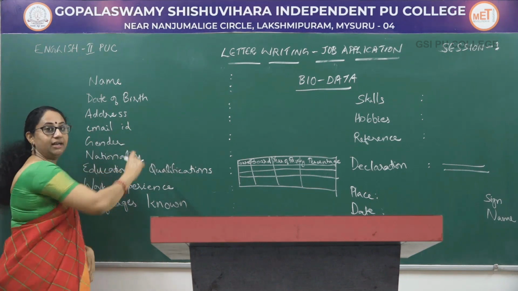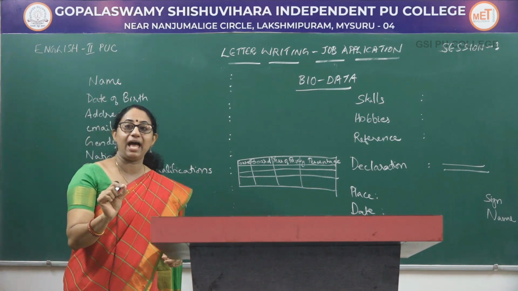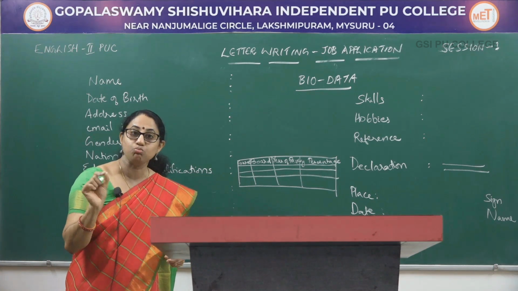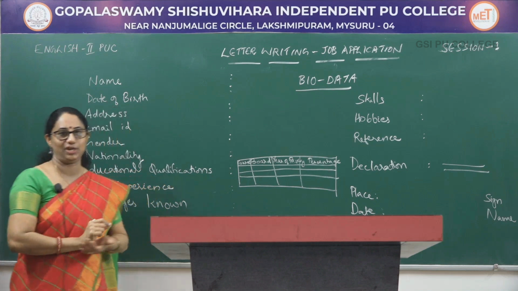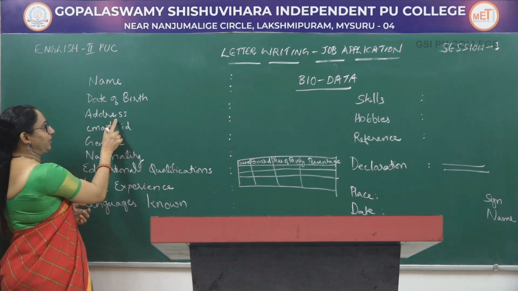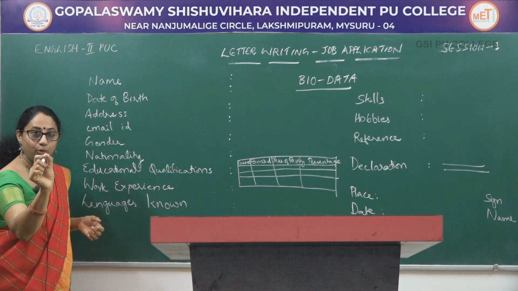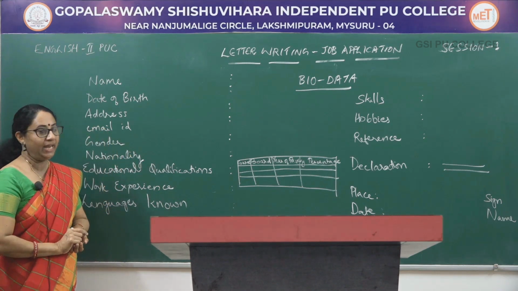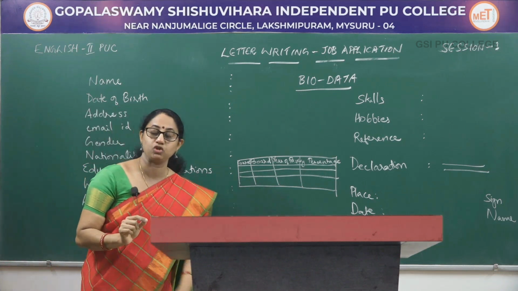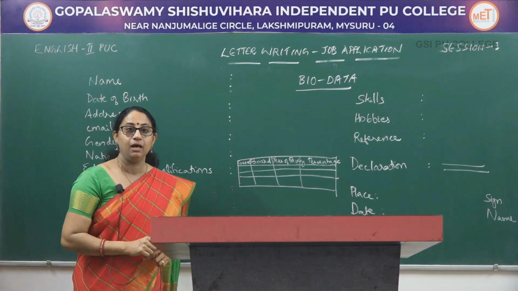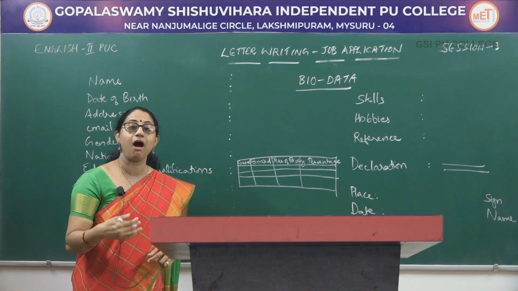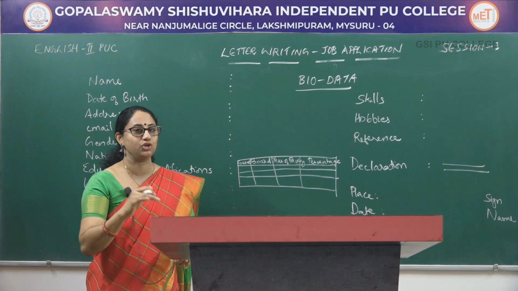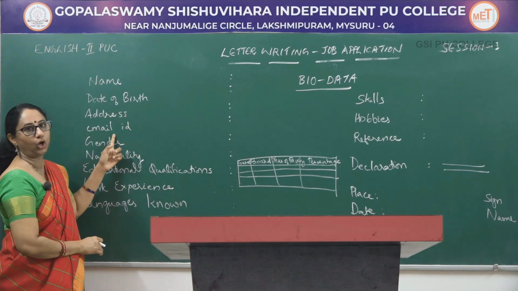I have not written it here because these days the contact number or mobile number is much more important than the address. So along with the address you need to mention the mobile number, and then comes the mail ID. Mail ID is very important. Most organizations these days send appointment orders through mail IDs. It comes to your mail ID, so that is very, very important.